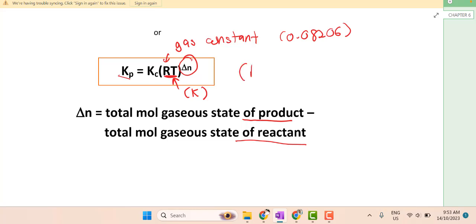Sebab dia adalah RT bracket to the power of delta N. Kebanyakan pelajar dia hanya yang to the power ni hanya untuk temperature sahaja. Salah lah. Okay, so the position of Kp and Kc, please never ever interchange that one, okay? So Kp is equal to Kc RT delta N.